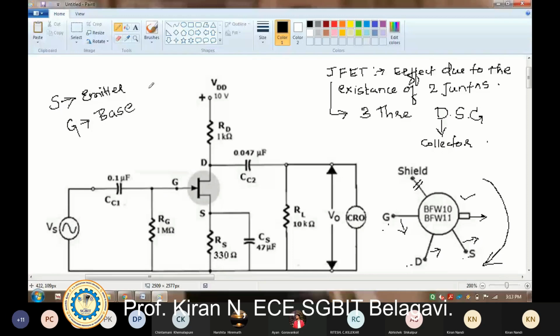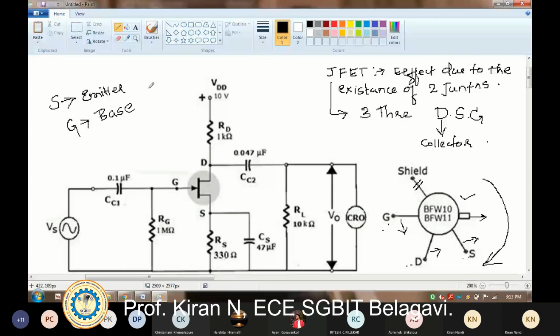The collector is the terminal which is going to collect all the electrons and holes which are emitted by the source terminal during the biasing operation. The drain also does the same work here as the collector.